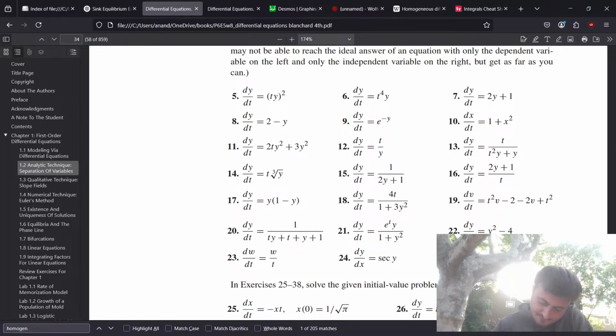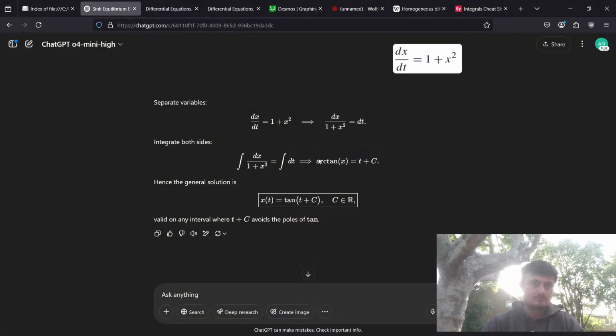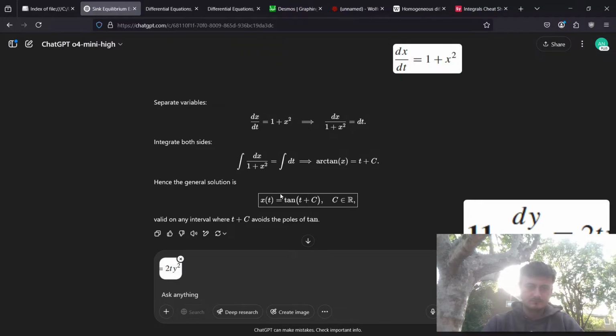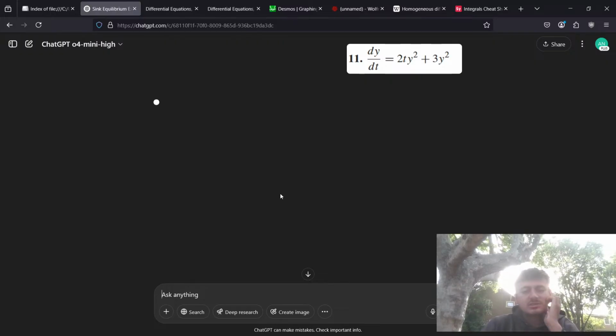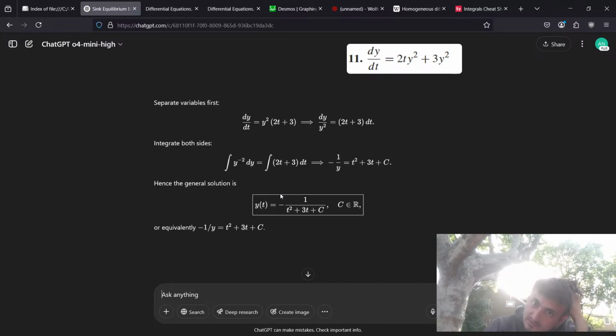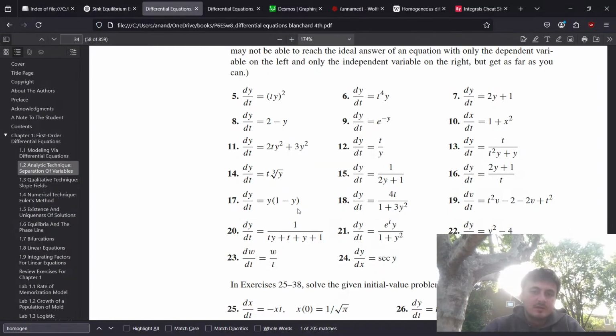So y of t is equal to minus 1 over t squared plus 3t. Oh, plus c. We're spamming integrals today, man. It's probably going to do a partial fractions thing, but... Oh, no. Okay, so it separated them. Nice. Minus 1 over t squared plus 3t plus c. Okay, cool.